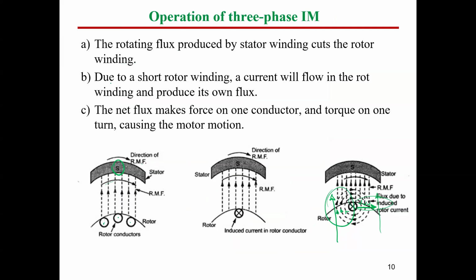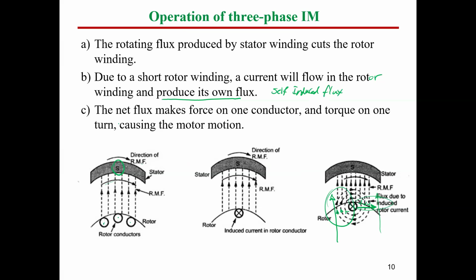The second stage is, due to the short-circuited rotor windings, a current will flow in the rotor windings and produce its own flux, or as I like the expression, make or induce self-induced flux. We don't have an external source for the flux.